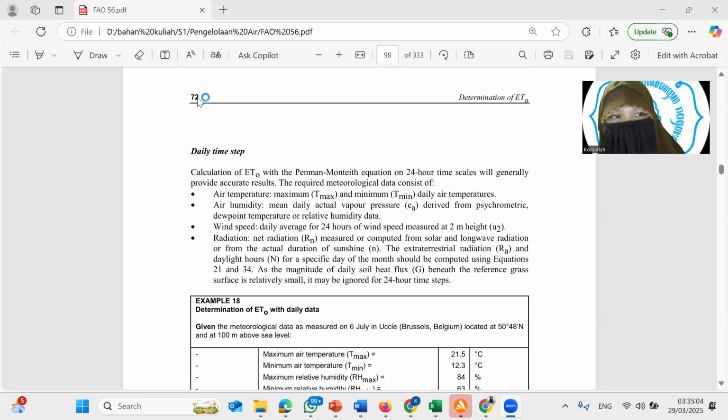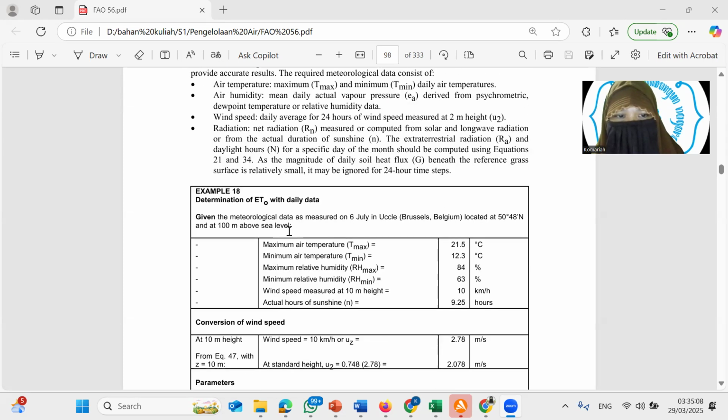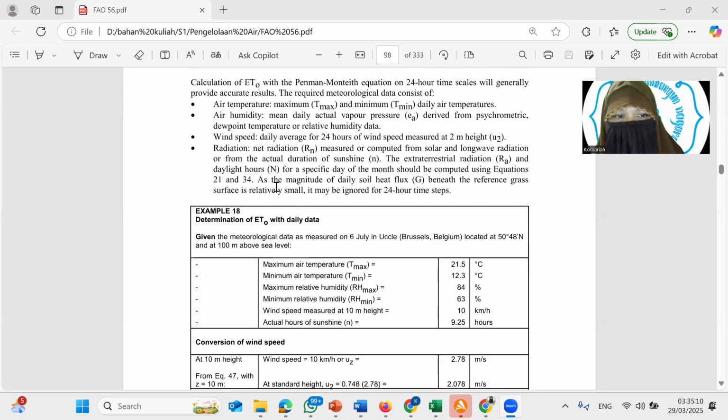So please check page 72. You can see here that there is an example of how to determine ETo with daily data. So this is the example of the given information.